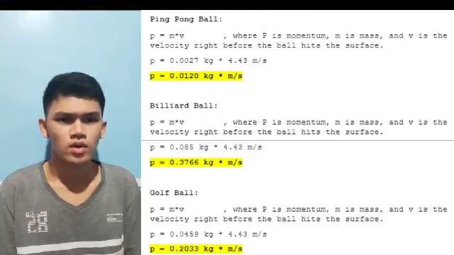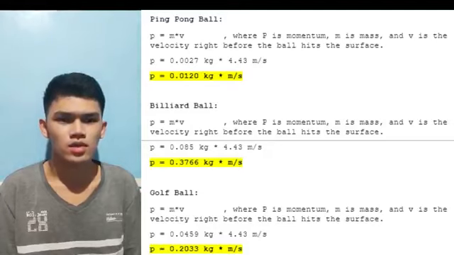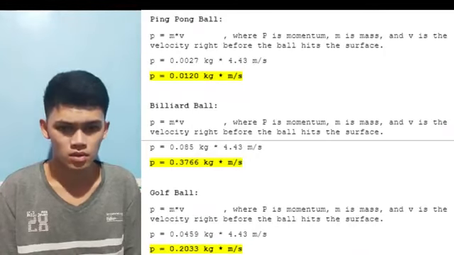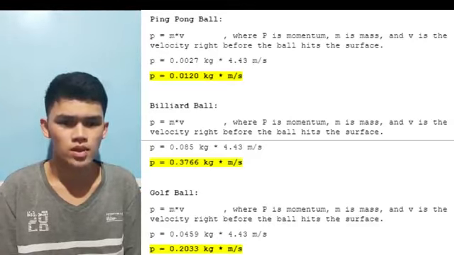Then for a billiard ball, momentum equals 0.085 kilograms times 4.43 meter per second, which equals 0.3766 kilogram meter per second. And finally, for a golf ball, momentum equals 0.459 kilograms times 4.43 meter per second, which equals 0.2033 kilogram meter per second.